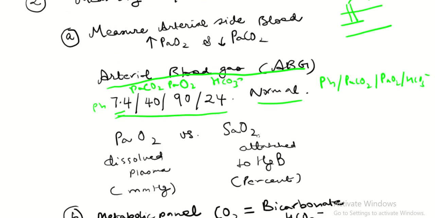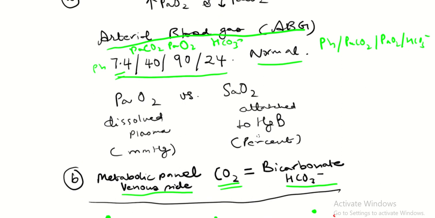Now, that's just some basics. Now, there's a question that comes up. Well, patients, sometimes I take their pulse oximeter. So here's their nail, their finger, and I put this device on them, and then it gives me a value.